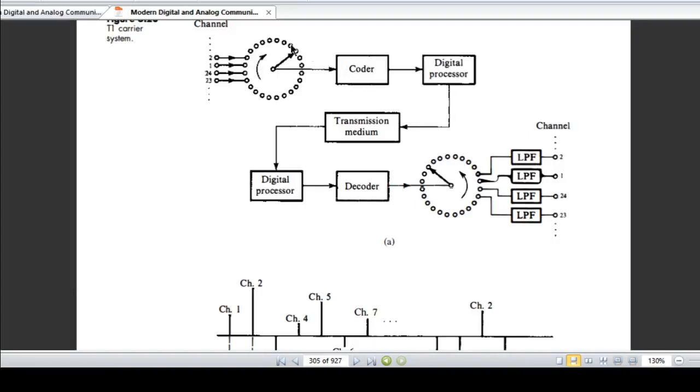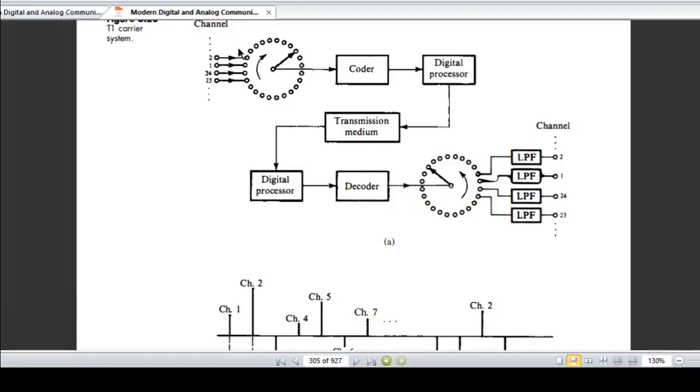One frame consists of these 24 channels. In one revolution we have 24 channels. So one frame is equal to one revolution, that will be equal to 24 channels, and each of these 24 samples will be encoded by 8 bits. So per frame there will be 24 cross 8, that is 192 bits.